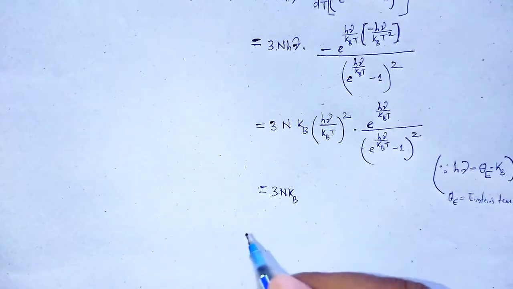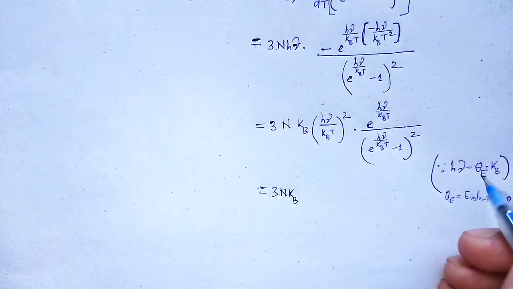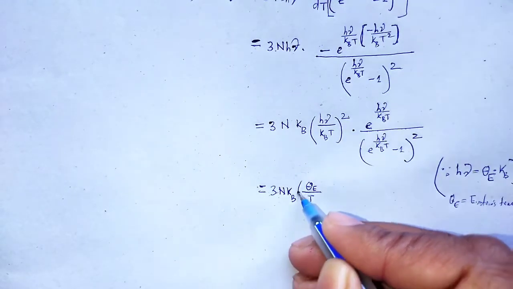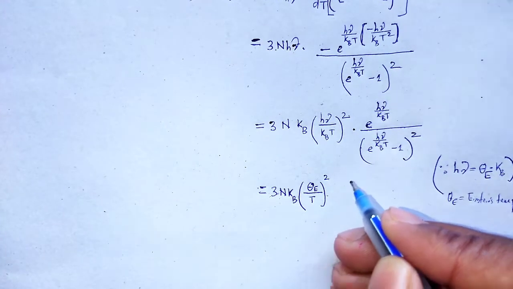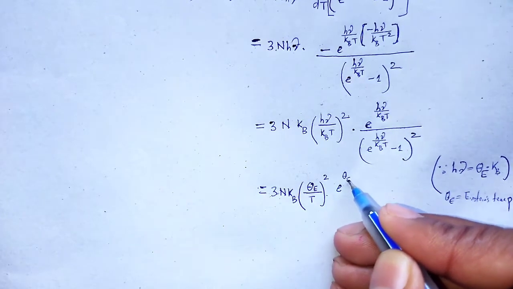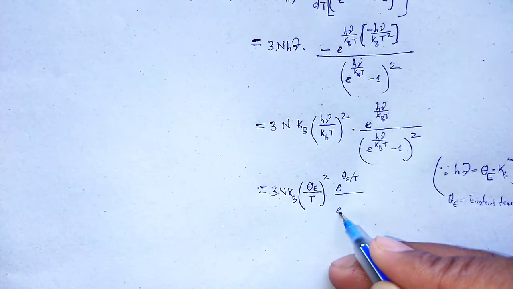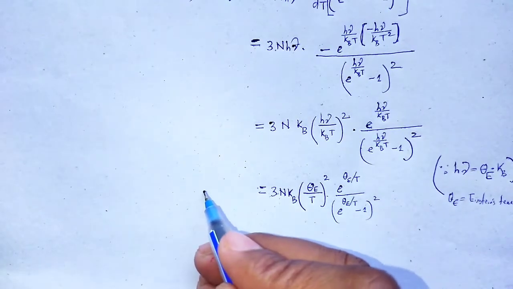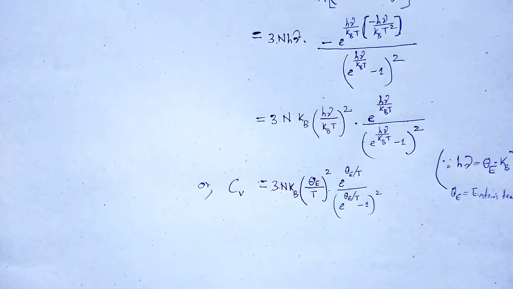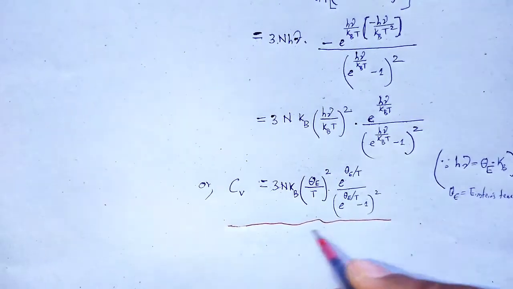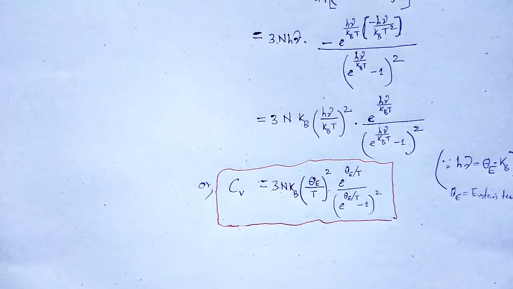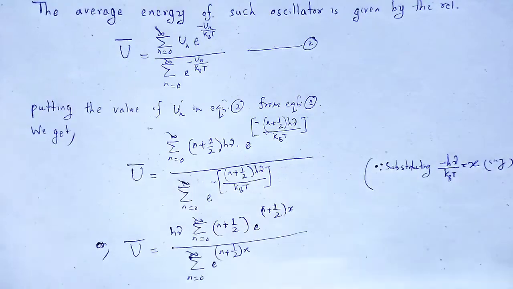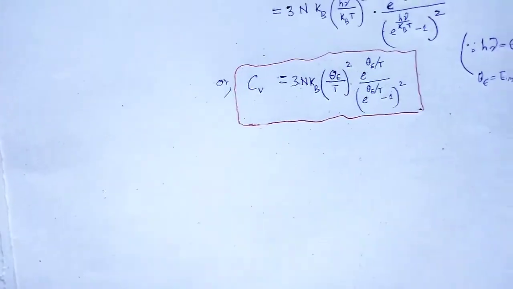So that equation is written as 3n kB. In place of h nu we substitute theta E into kB, one kB cancels out, that is theta E divided by T whole square into e to the power theta E by T divided by e to the power theta E by T minus 1 whole square, that is for Cv, specific heat at constant volume. Equation number 3.